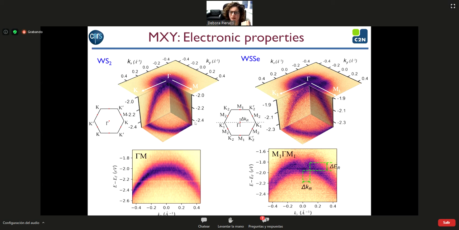In fact, here we have only one mirror plane that is passing by what we call the gamma K1 prime direction, and we have this splitting of the band along this perpendicular direction, so the gamma M direction. So now let's try to understand what happened. Let's have a look in more detail.